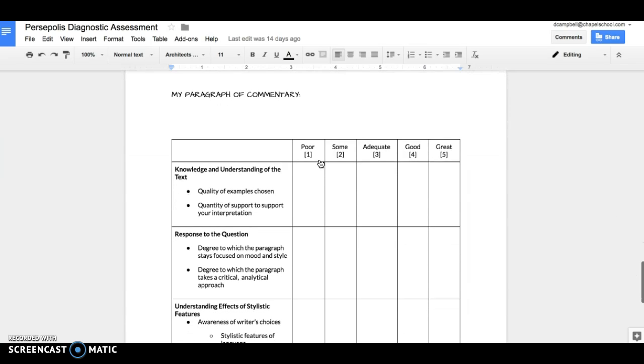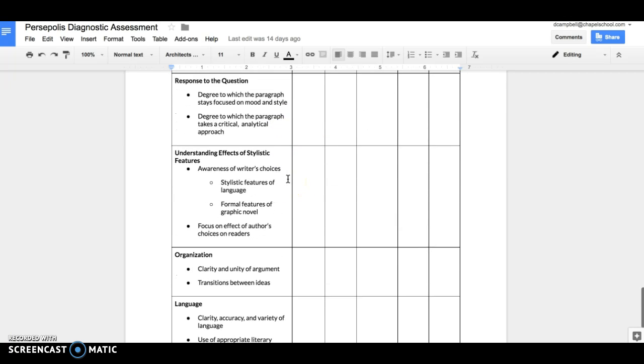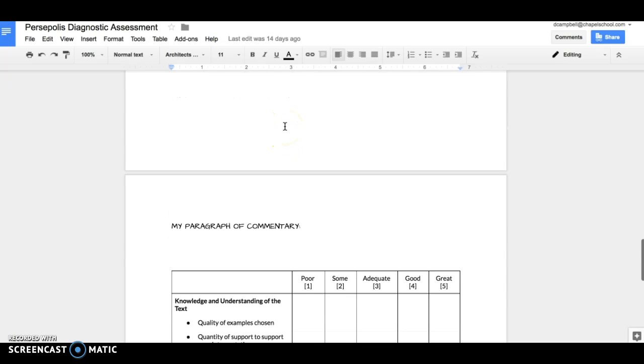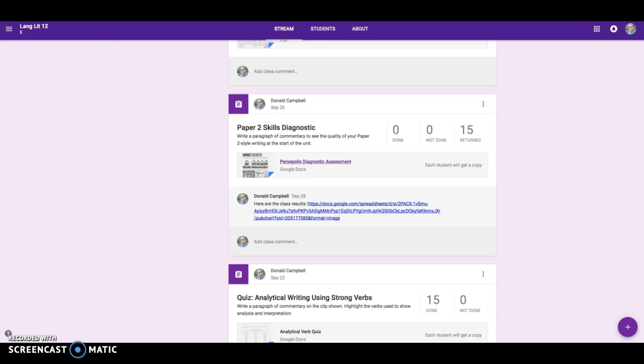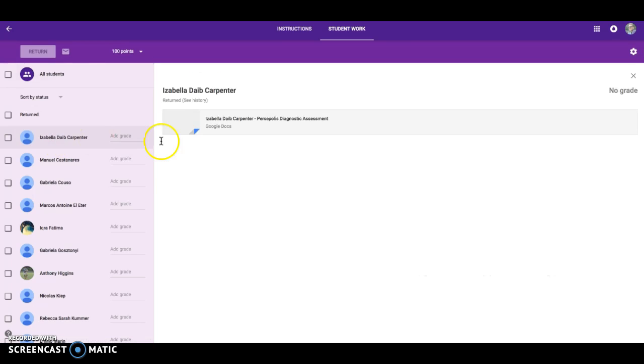The data is coming from their individual scores on this rubric, which is divided into 5 different skills. So as I graded their work individually, which can be seen here on Classroom, you can look at an individual student's rubric.